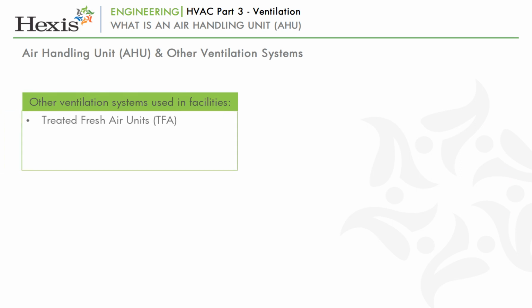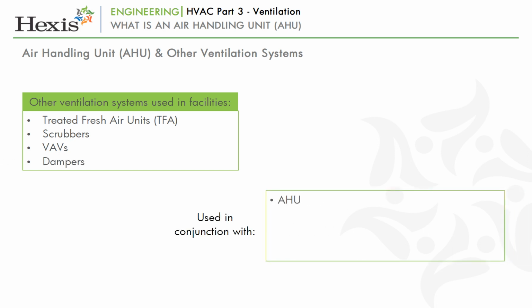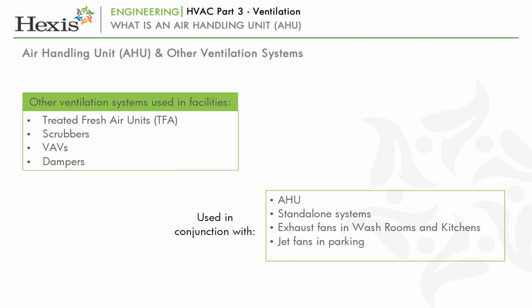Systems like treated fresh air units, that is TFA, scrubbers, VAVs, dampers, etc., are used in conjunction with the AHU, and standalone systems like exhaust fans in washrooms and kitchens, jet fans in parking, etc. These will also be discussed in this module.